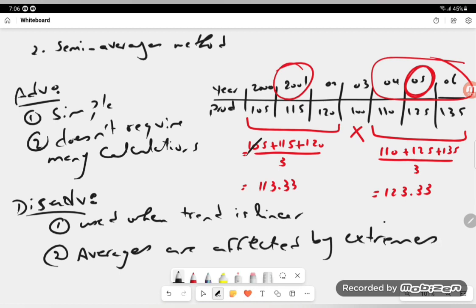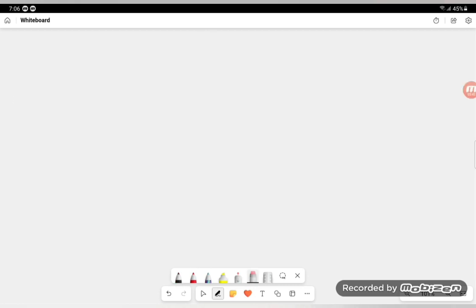So these are the main advantages and disadvantages of the second method. Now we are going to move to the third method, moving average method.